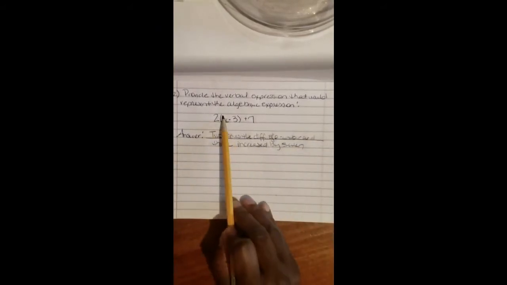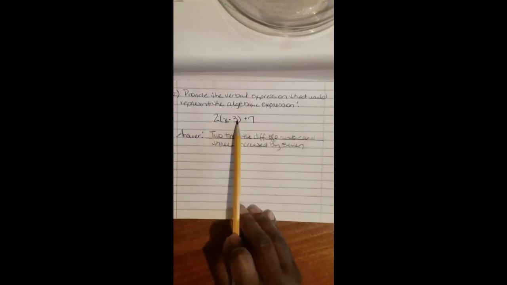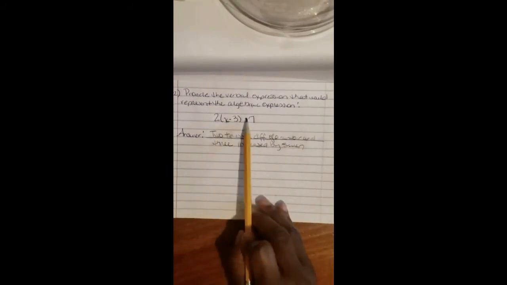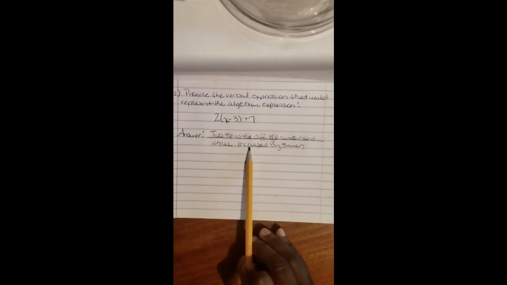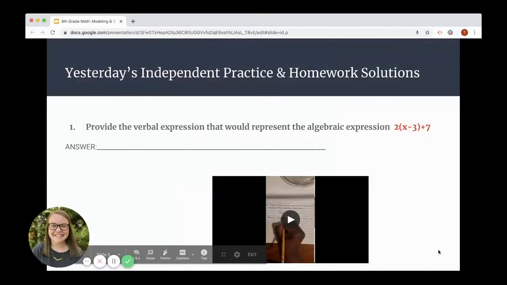Okay, so we have 2 times the difference, because we're taking the difference of a number and 3, increase, which is our addition sign, increased by 7. So those are your homework solutions from day 1's work.